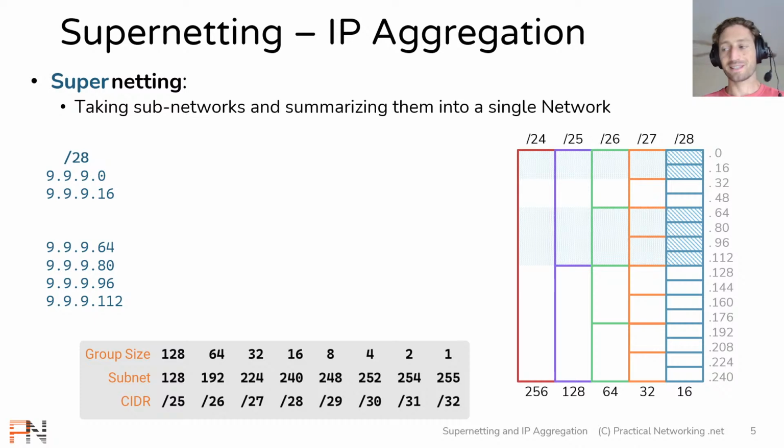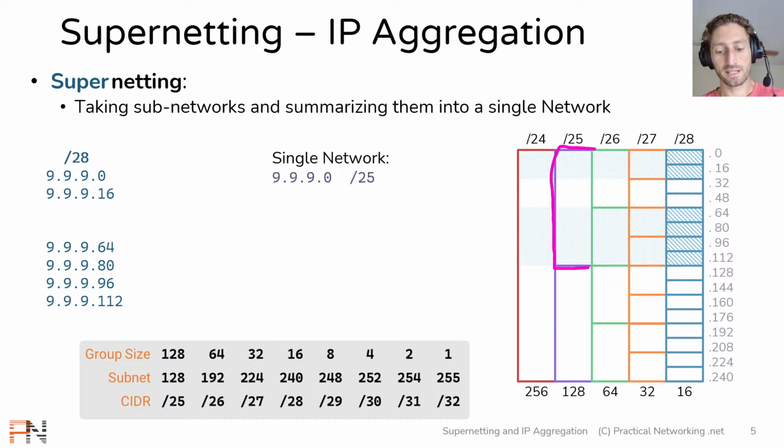What you'll find is that there's actually 2 possible answers for summarizing this set of /28s. The first one is actually the same answer we just looked at. Technically, this /25 is the single network which encompasses all of the IP space we meant to summarize. But notice this /25 includes IP address space that we didn't mean to summarize in this particular problem.